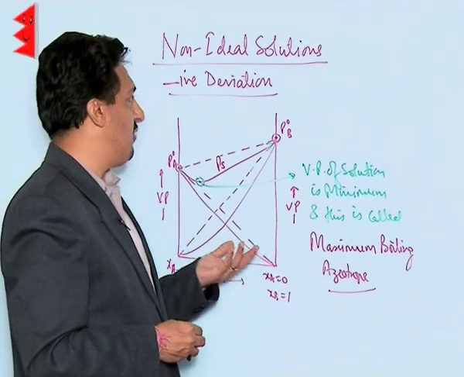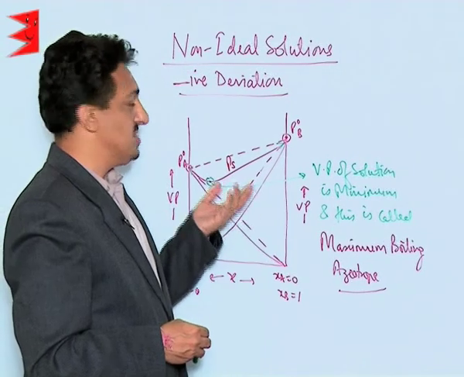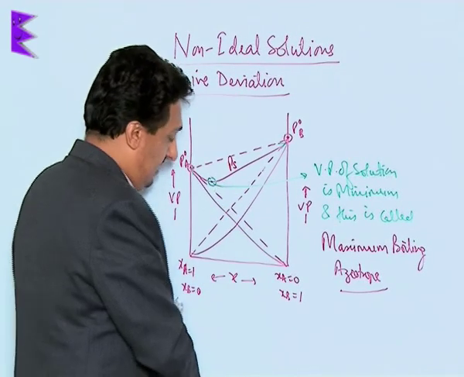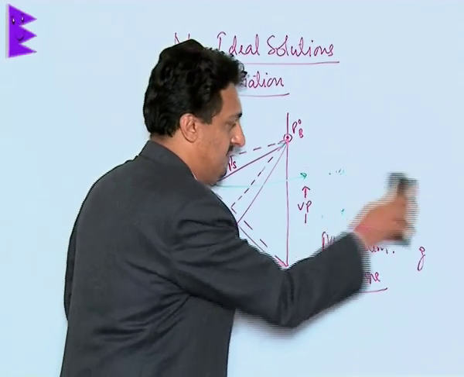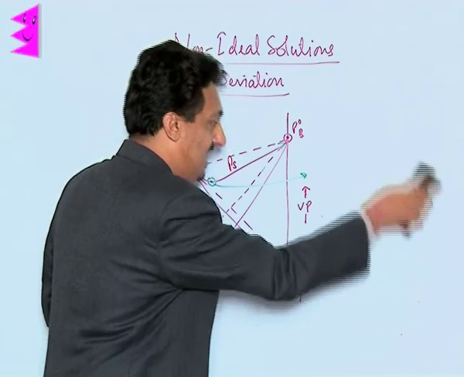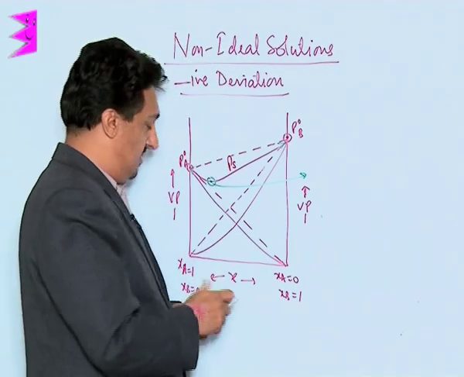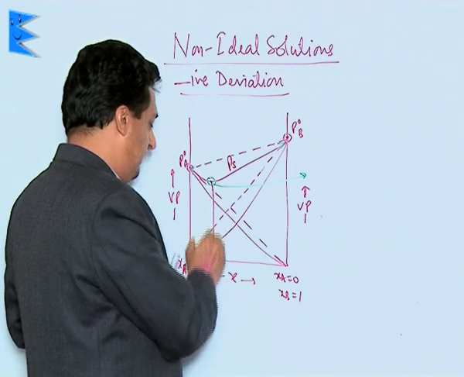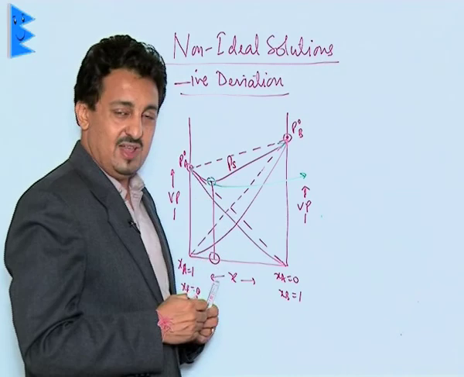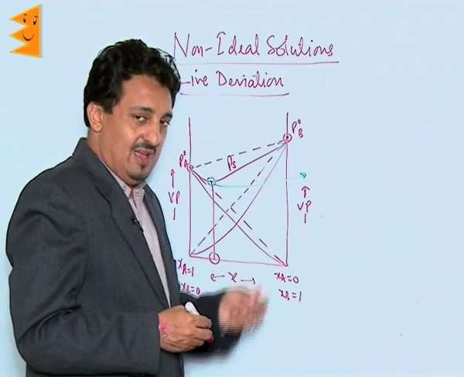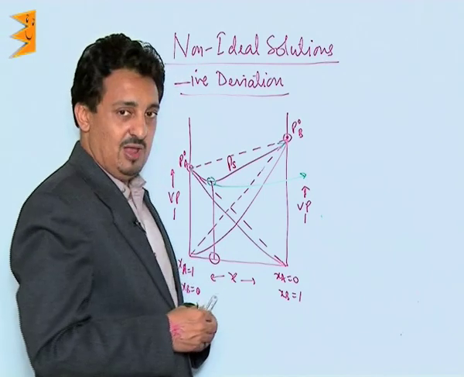So this is the graph of the solutions which are showing negative deviation. In the example we have taken of nitric acid and water, from this point we can drop a perpendicular and find out what exactly is the composition of the solution at this point, which is the maximum boiling azeotrope.